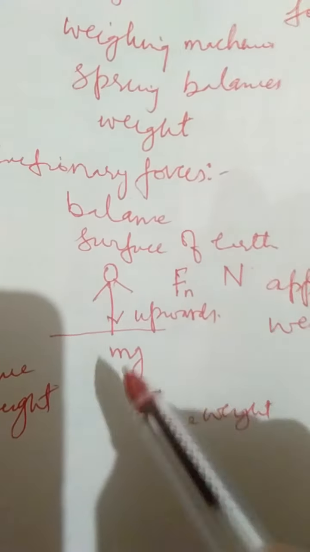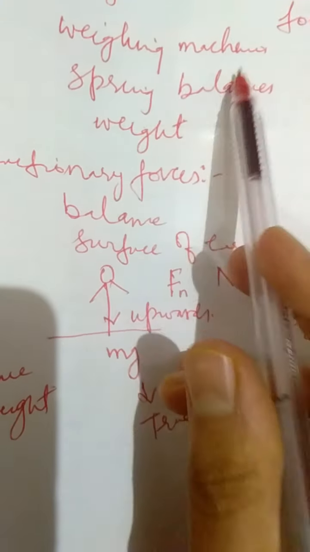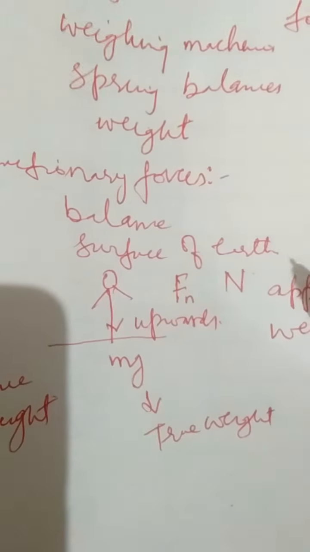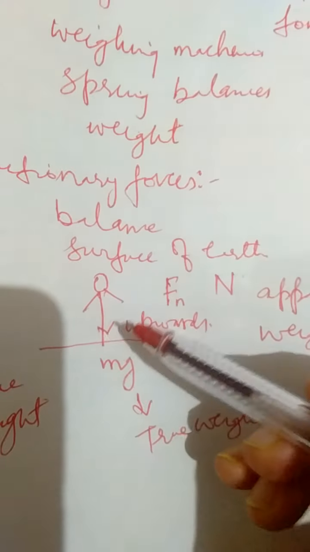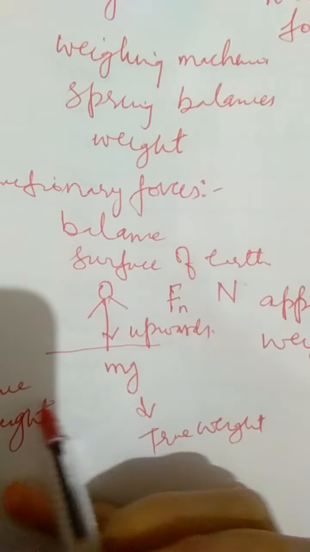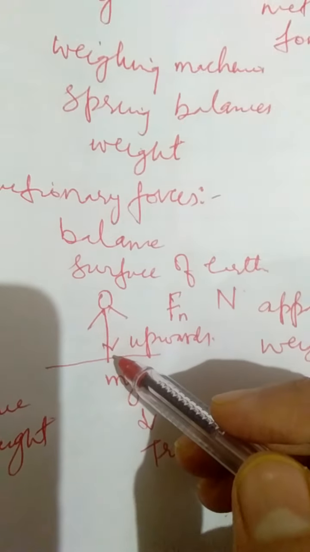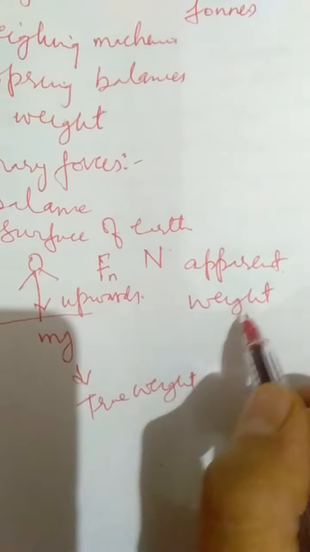Therefore, in this particular case, the weighing machines are measuring the true weight of the body. But then cases may arise when the body begins to move, either in a linear fashion or in a circular fashion, or it may go up or come down. In all those cases, we have to find what happens to this reactionary force, what happens to this apparent weight.